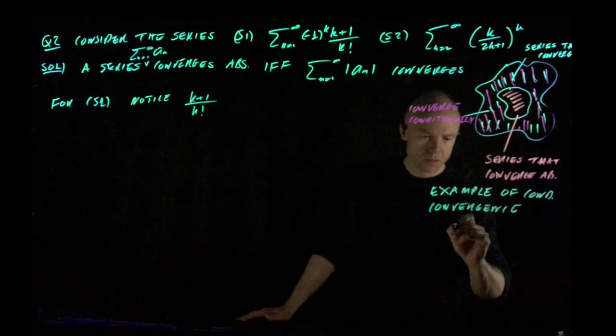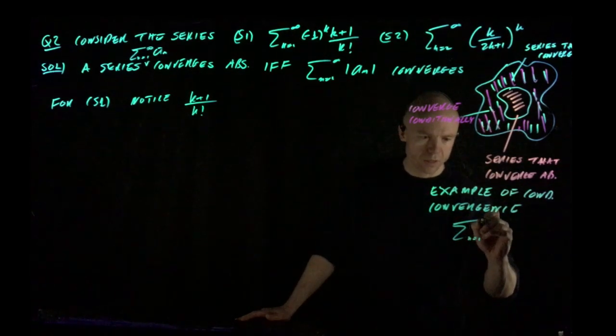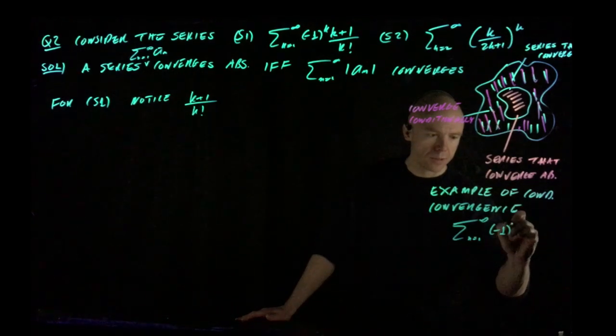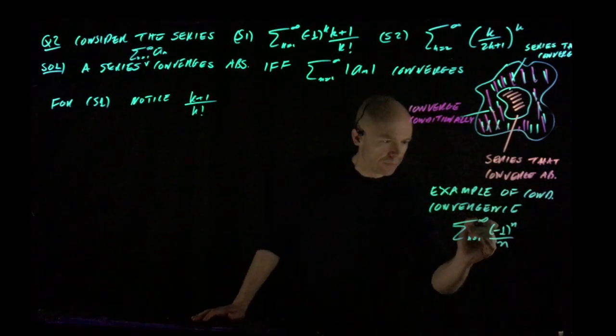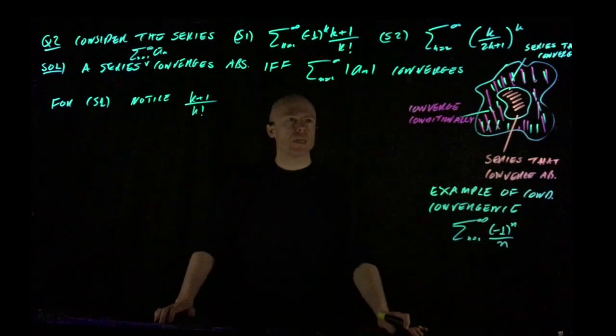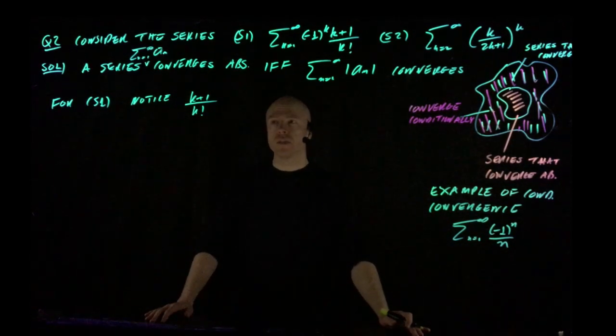It is the sum from n equals 1 to infinity of (minus 1) to the n over n. This thing converges, but it doesn't converge absolutely, therefore it converges conditionally, right?